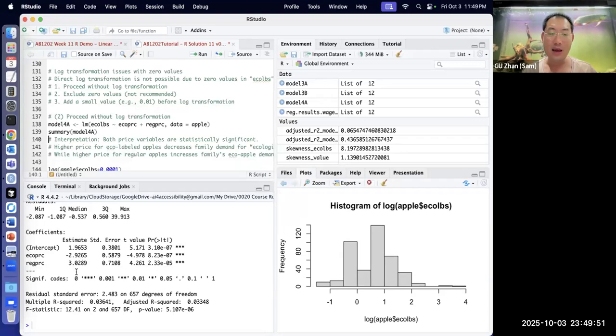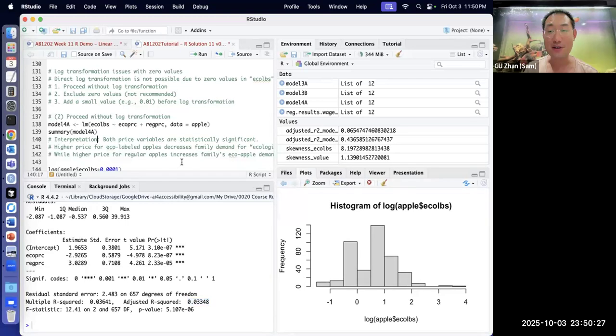The amount of eco-friendly apples purchased by the customer is not really impacted by these two variables. That's why you are seeing that the adjusted R square is so small. So there must be some other variables which can help more in explaining why customers buy the apples.